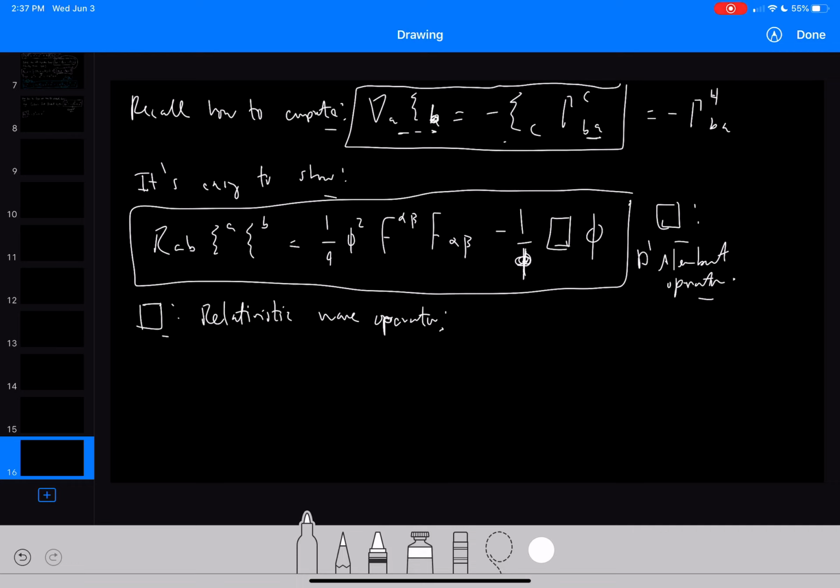This wave operator determines the propagation or dynamics of this scalar field. Remember that this scalar field determines the size of the extra dimension. So the extra dimension's size dynamics is governed by this wave equation, which is really interesting. You can't see my face, but I'm smiling every time I go through this derivation because it's very, very interesting.